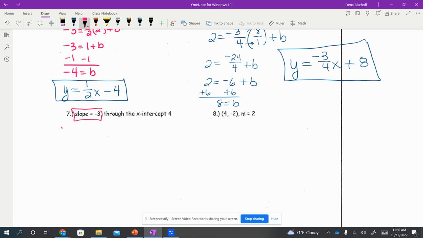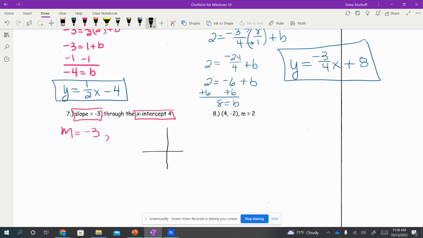Okay, so this is m. M equals -3. Someone tell me about the x-intercept. What is the x-intercept compared to the y-intercept? The x-intercept means it's when the line crosses the x-axis.